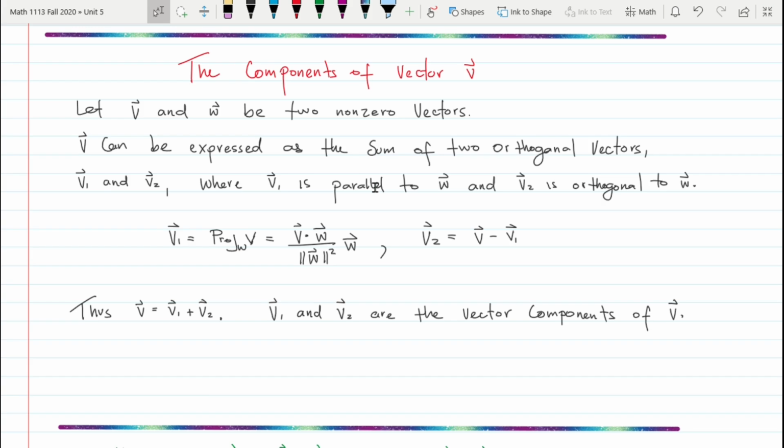Okay, that's fine. V1 and V2 are those two orthogonal vectors. V1 is parallel to W, and V2 is orthogonal to W.